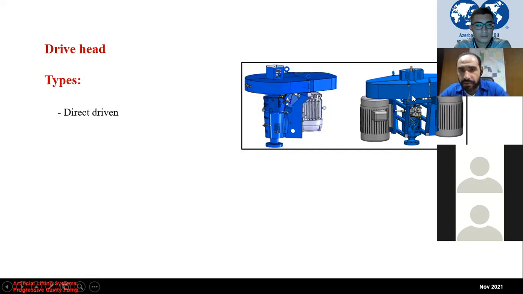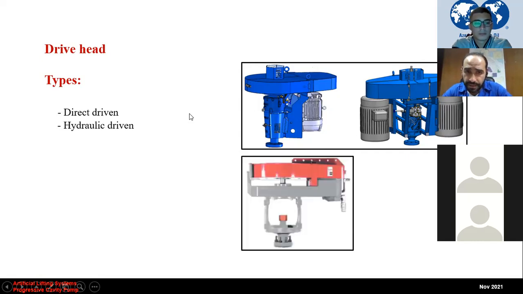As you can see, there are two basic types of direct drive heads: single motor drive heads and dual motor drive heads. Of course, the dual motors will be used to supply more horsepower, which is required in high torque applications, high depth applications.